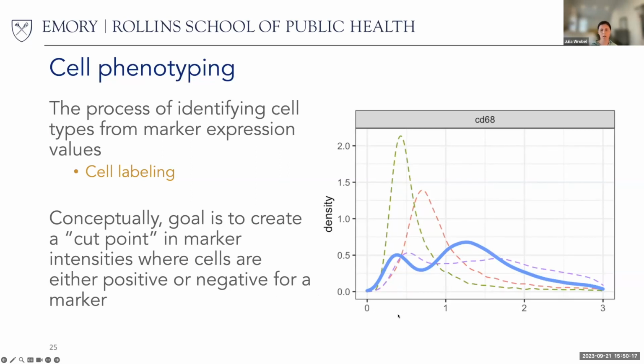Conceptually, the goal is to create a cut point in that marker intensity density where cells are either positive or negative for a marker. You can imagine this is relatively easy to do if you have a nice bimodal density like this blue one here. You can just draw a line somewhere in the trough of the density, and then all cells that have values to the right are positive, and all cells to the left are negative for that particular marker.